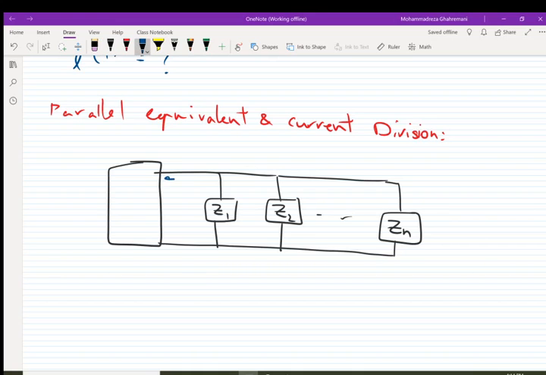The total voltage is V and the total current is I, and each element has a different current passing through it because they are in parallel.